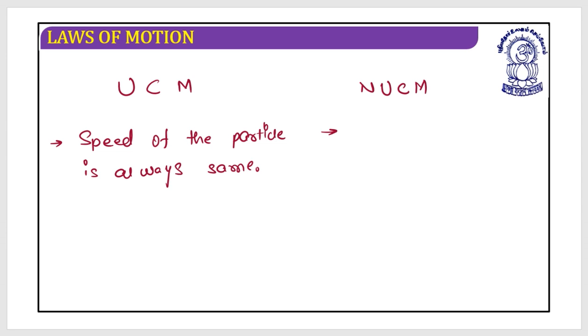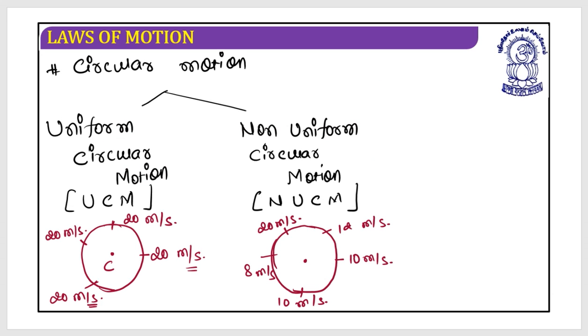In non-uniform circular motion, the speed of the particle changes. When I say changes, I mean it could increase, it could decrease, it could be both, but it is changing for sure. Now the question is, does velocity change in uniform circular motion?